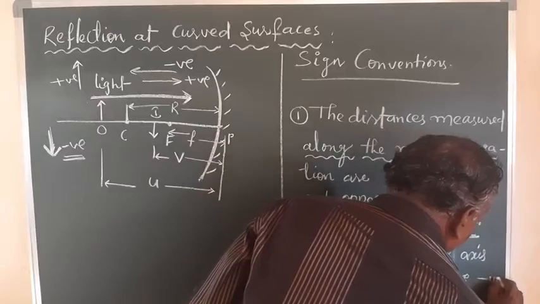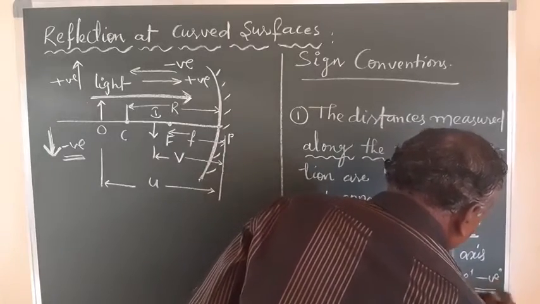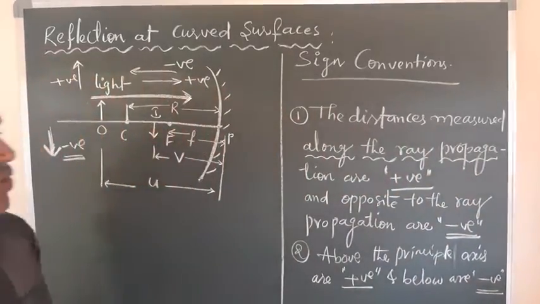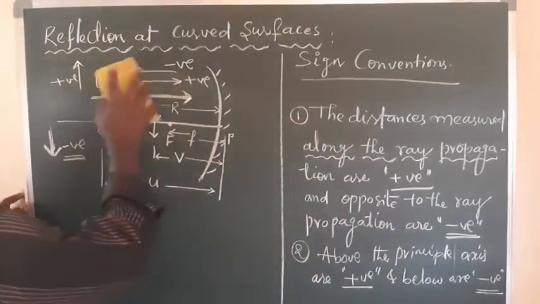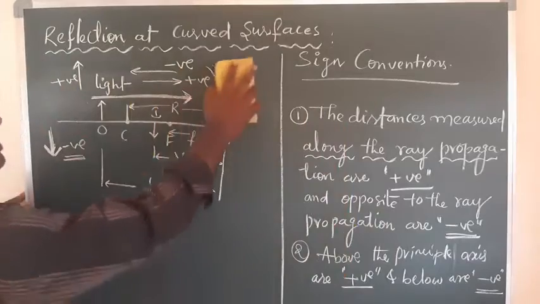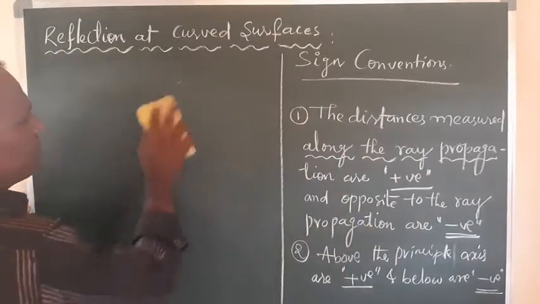Below are negative, right? So you have to remember these. These are very important. So I'll just reprint these sign conventions in this diagram. Very easily we can reprint.